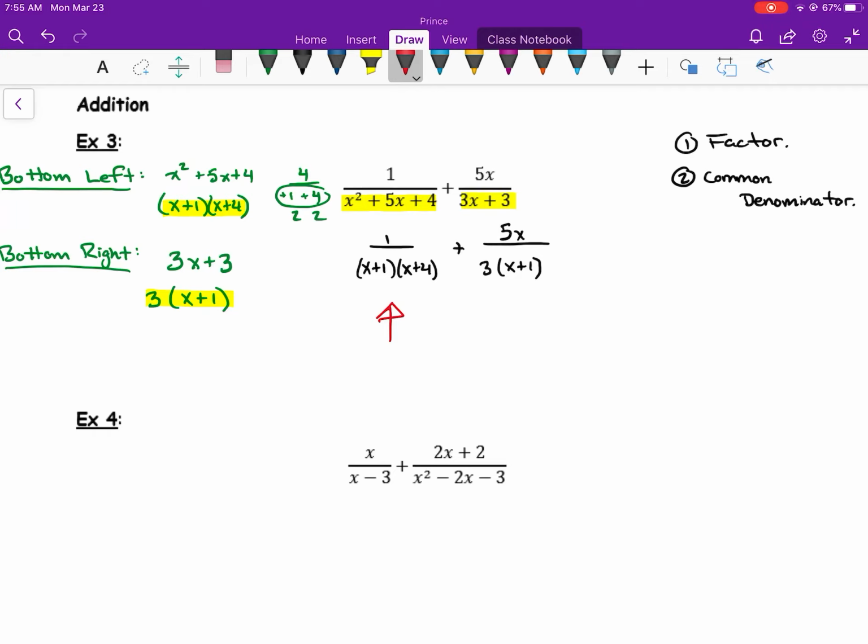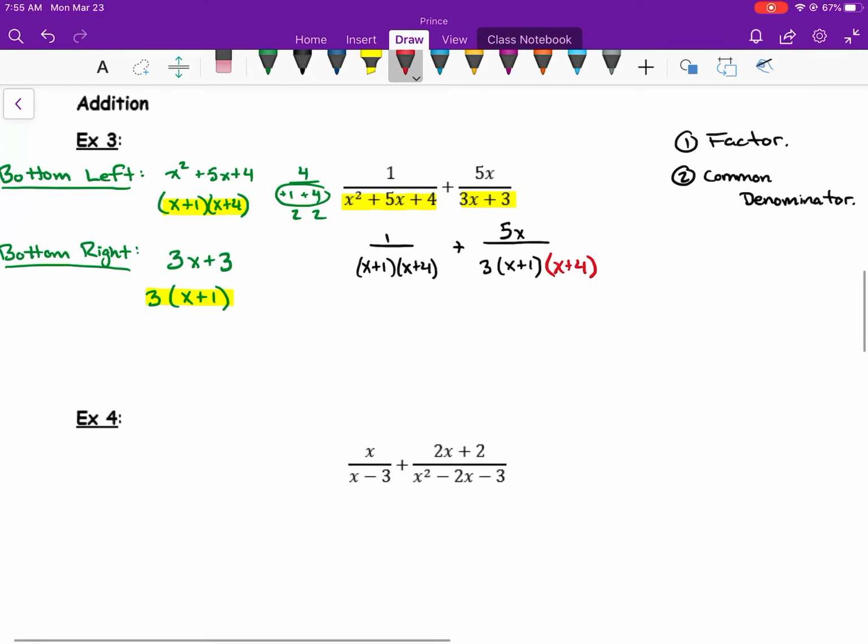Alright, so the right hand side is a 3 and an x plus 1. Left hand side is an x plus 1 and an x plus 4. So that means the right hand side needs x plus 4. So now both sides have an x plus 1 and an x plus 4. The right hand side has a 3, x plus 1, and x plus 4. The left hand side is now missing the 3. So when you make common denominators, remember you multiply the top and the bottom by your bottom.